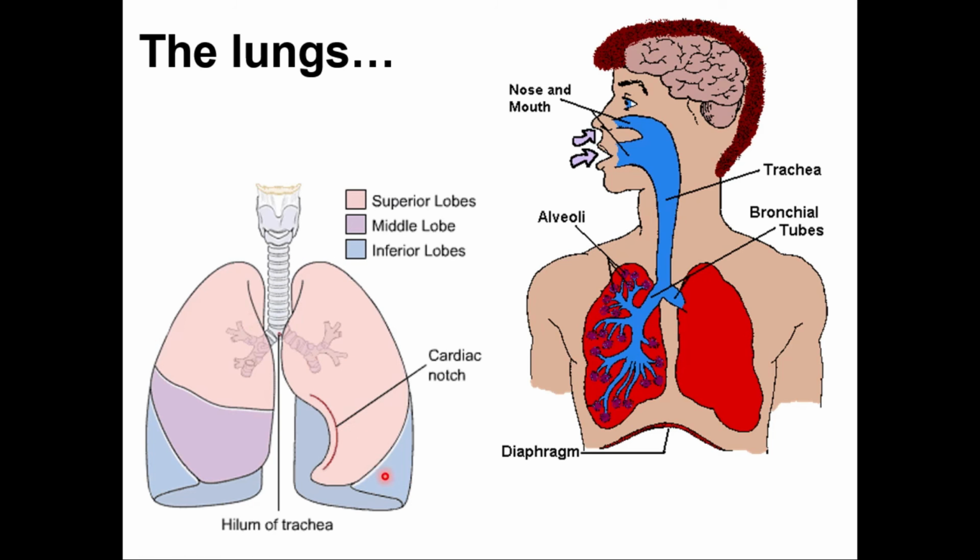The right lung is divided into three lobes and the left lung, being the smaller one, is divided into two lobes, because it has to accommodate the space for the heart. So it has a cardiac notch here, and it is smaller as compared to the right one.